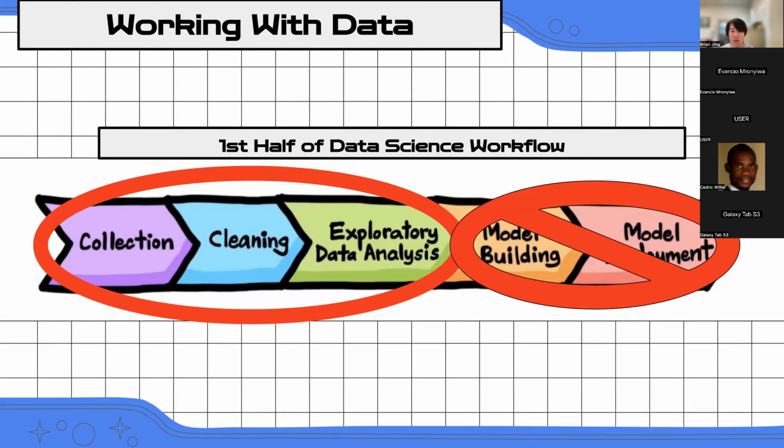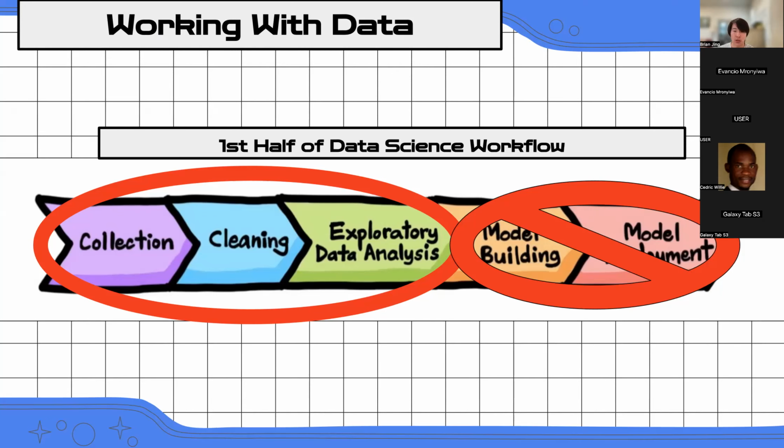So when we look at working with data, we're looking at the first half of the data science workflow. We don't look at model building and putting out models, but we look at collection, cleaning, and exploratory data analysis. I covered the data science workflow in the last lesson very briefly. It's the set of steps that you must follow when doing a data science project.